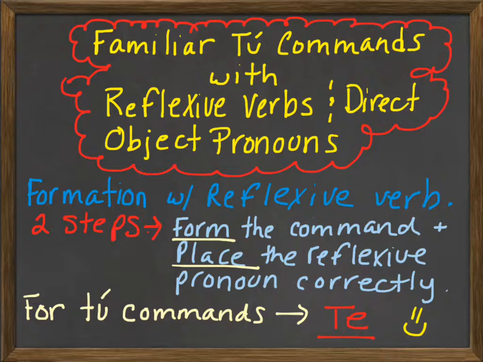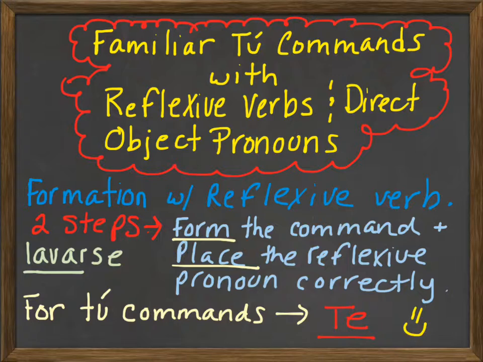So if you're looking at lavarse, write that here. Deal with this part of the verb first, just your AR normal infinitive part, and put that in the usted form of the present tense, because that's how you form your affirmative tú command. So you'll get lava. Okay, so that's your first step.